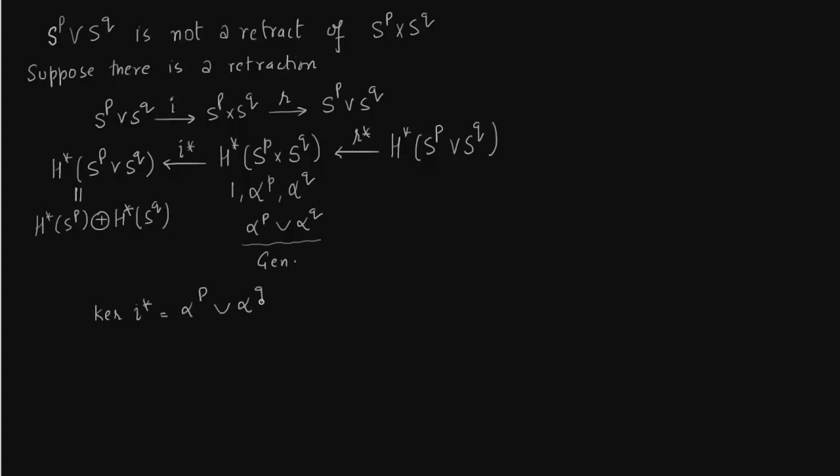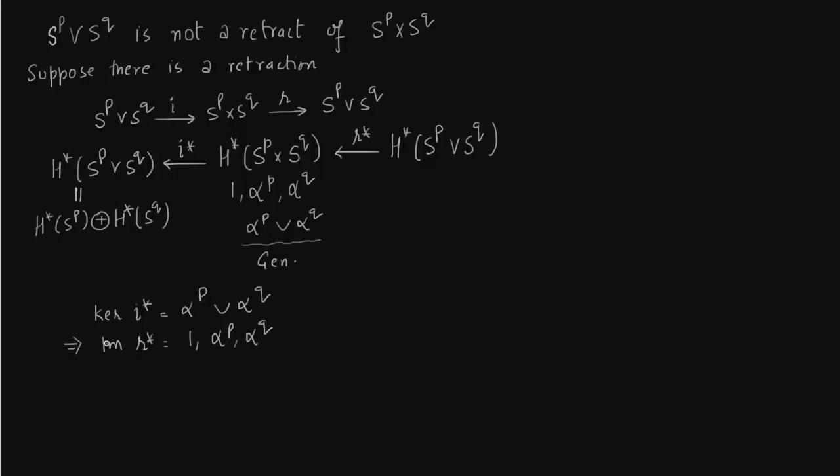So you can see the kernel of I star is nothing but alpha P cup alpha Q, because this term does not exist in the graded ring H star SP plus H star SQ; there is no SP plus Q essentially. What is the image of R star?